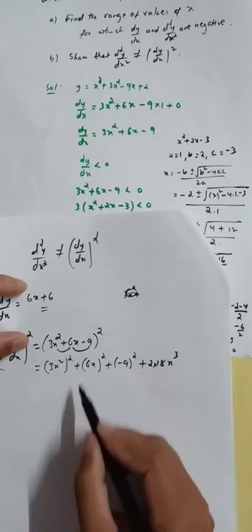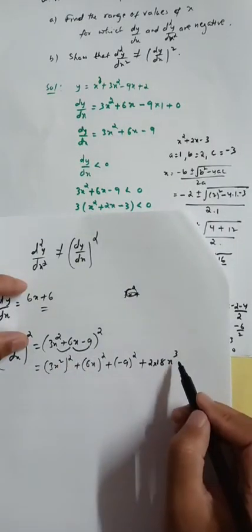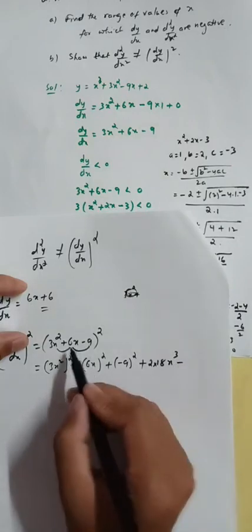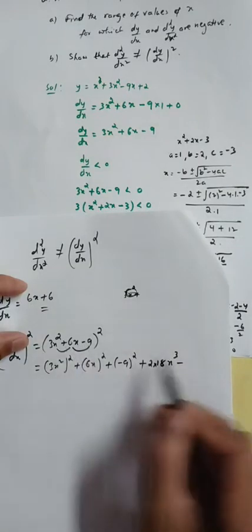Then 6 times 9 is 54, times 2, and it is negative because positive times negative is negative.